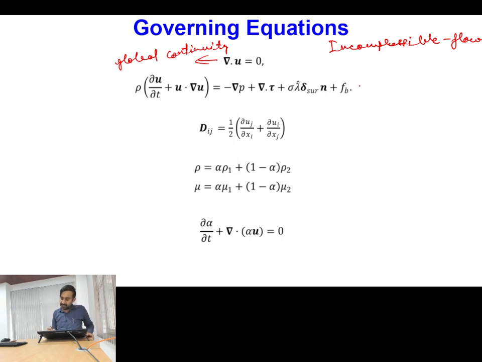Second important point is, this is again the global momentum equation, but in this global momentum equation, the only difference is that we have one additional term which comes in the form of surface tension force.